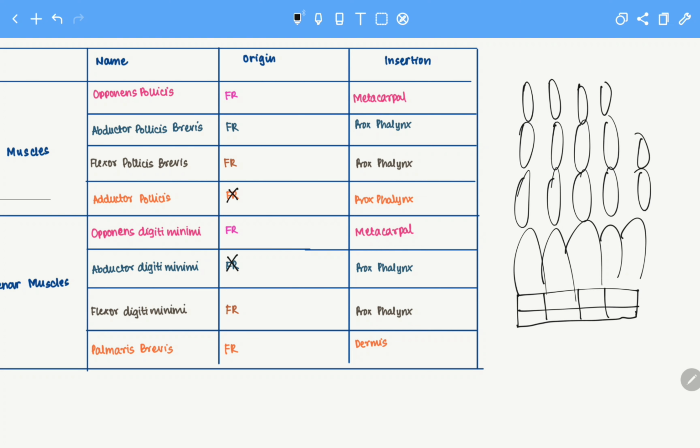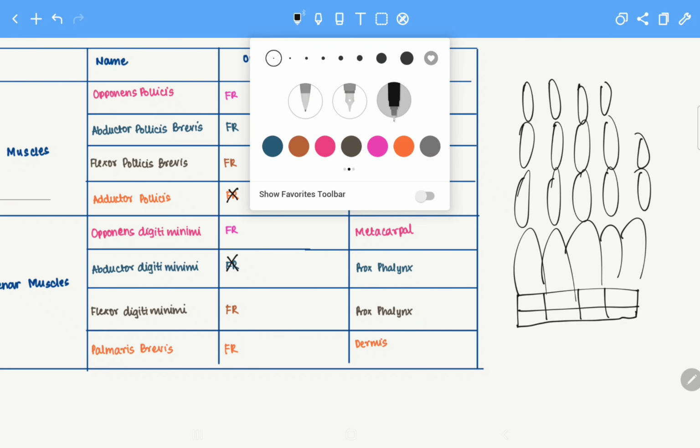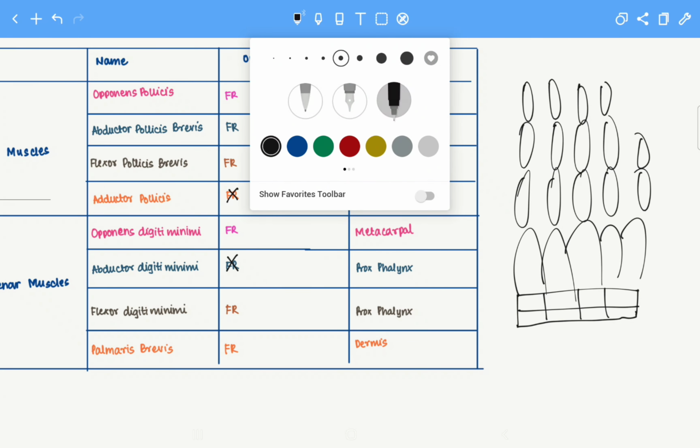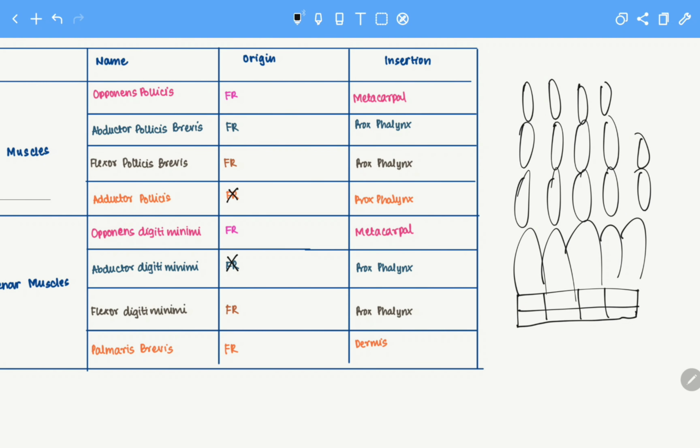Alright. Now let's talk about the opponens pollicis. Before that, let's name the carpal bones. We have the scaphoid, the lunate, the triquetrum, the pisiform, the trapezium, the trapezoid, the capitate, and the hamate.